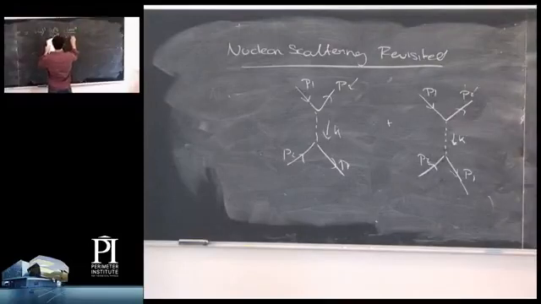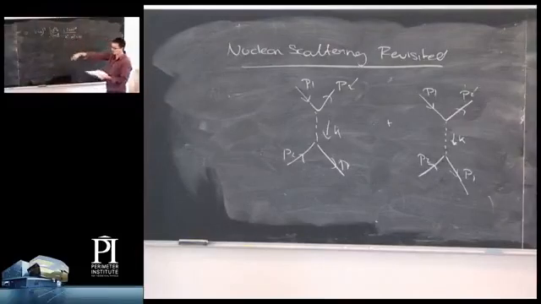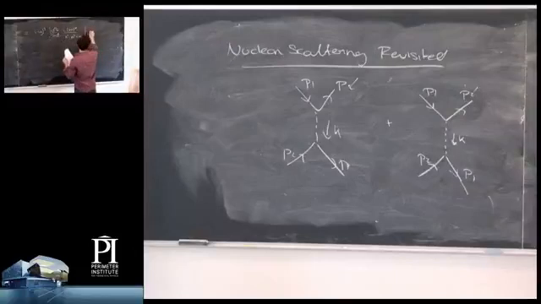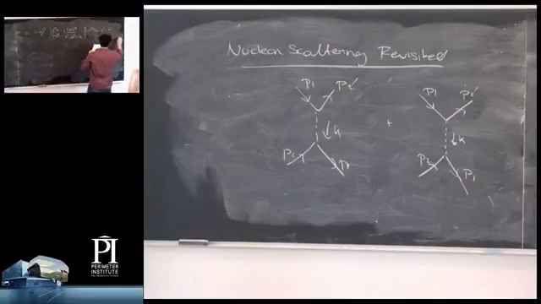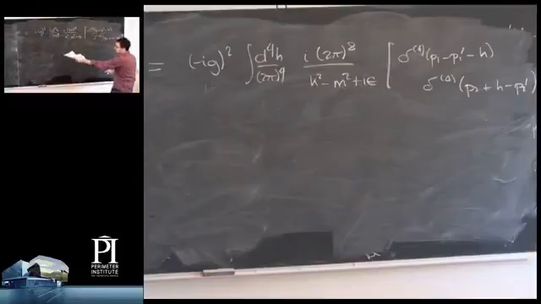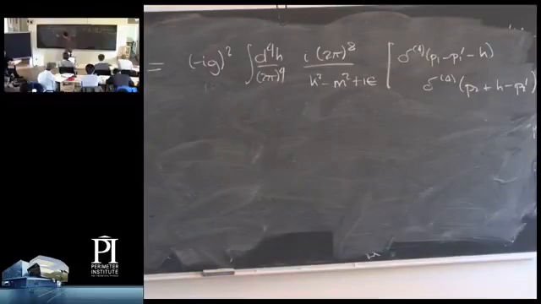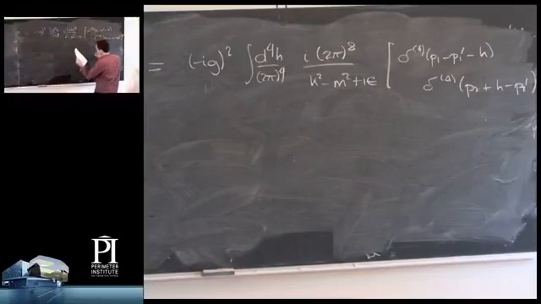There's a value of the propagator for that internal line. It's a little m, not a big M, because the internal line's a meson. And then there are 2 delta functions coming from the 2 vertices: p1 minus p1 prime, and p2 plus k minus p2 prime. So the sum of momenta going into this is 0, the sum of momenta going into this is 0. That's these 2. And then the second diagram.